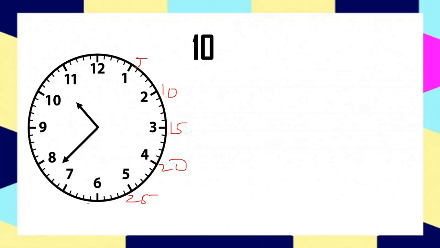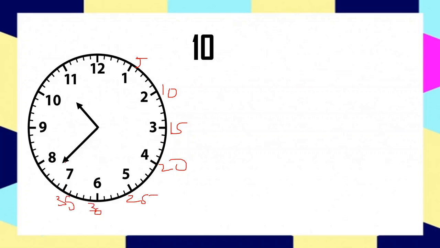How about this one? Can you please read the time? Okay, you look at the short hand that points between 10 and 11. So we choose the smaller number, 10. And then look at the long hand. You have to do skip counting by 5. So this is 5, 10, 15, 20, 25, 30, 35.